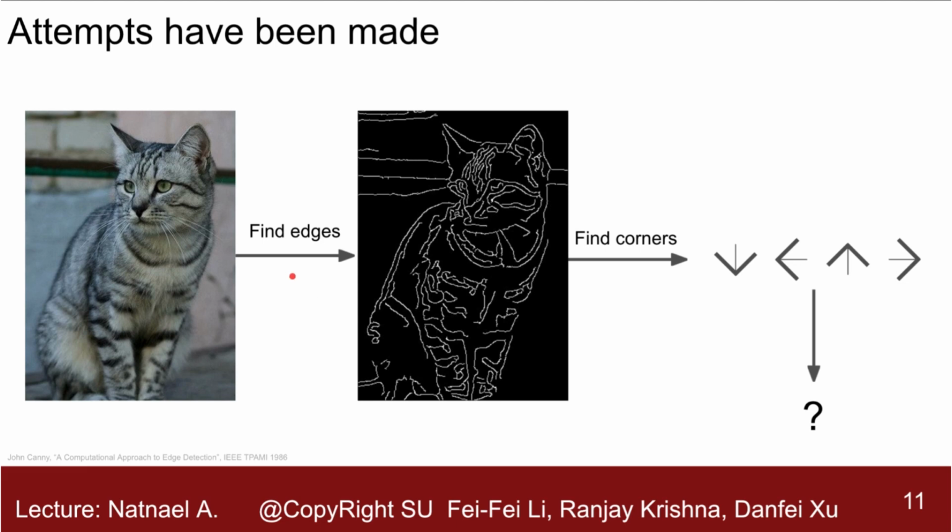In the previous approach, for instance, there is this input image. We might find edges and come up with this binary image. From that binary image, we might apply some hard-coded functions, like a function to find corners based on these directions.